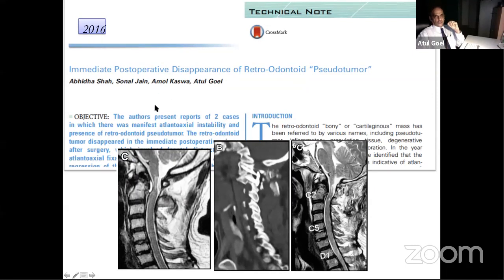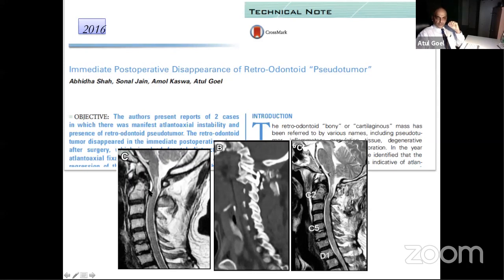So we introduced this concept that this pseudotumor, this behind the odontoid process, is an evidence of atlantoaxial instability. You stabilize the joint and this retroodontoid tissue can disappear, with immediate postoperative disappearance of the retroodontoid tumor. No removal of the cyst or of the tumor.